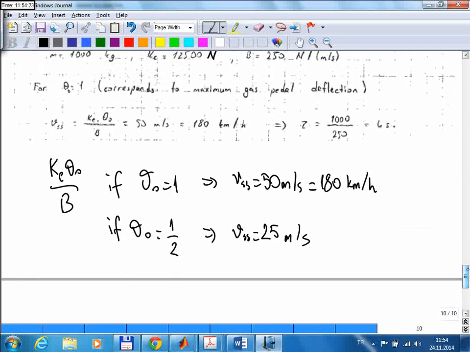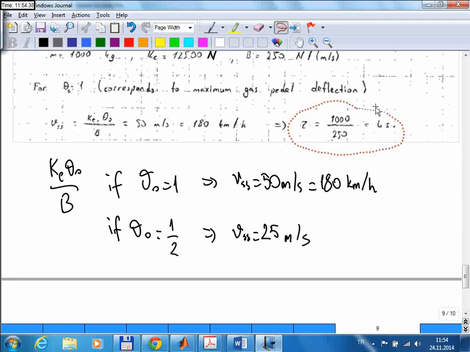What's really important here is the tau parameter, because that determines how fast the car reaches that final speed. For these numerical values, the value of tau turns out to be 4 seconds.